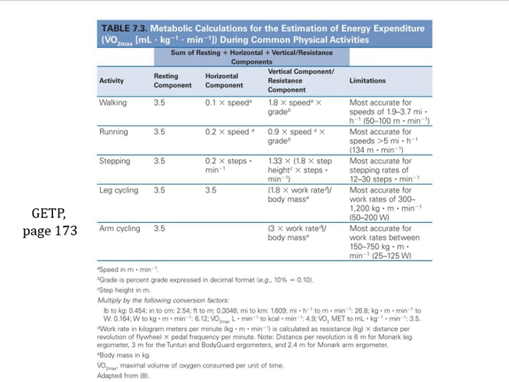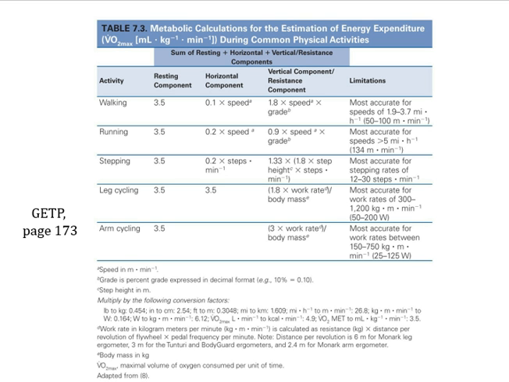How much does it take your body to travel through space? And if it's resistance, it is the amount of your body mass for cycling or your step rate for stepping. And then you see the accuracy there. We just talked about that on the previous slide. So whenever you are doing the equations, there's always horizontal, vertical, and resting components.